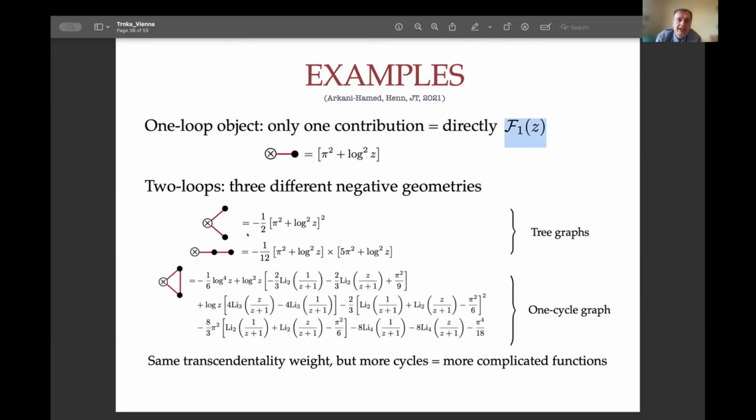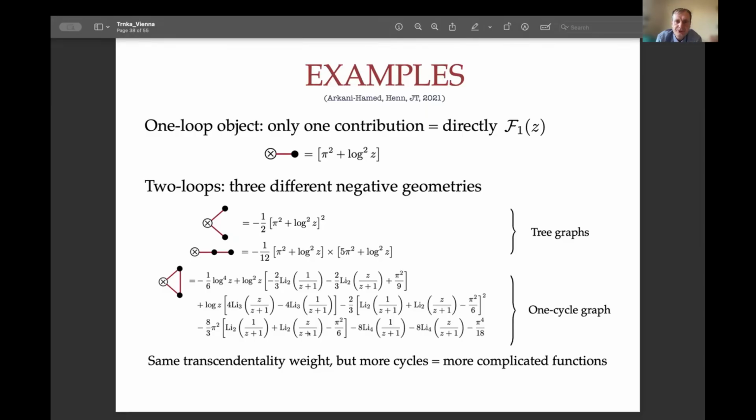At two loops, we already have three different negative geometries we need to integrate. Two of them have no cycles, so they are trees, and they are again just polynomials in logarithms and pi squares. And the one which has one cycle, the most complicated negative geometry, already has some trilogs and Li4s.